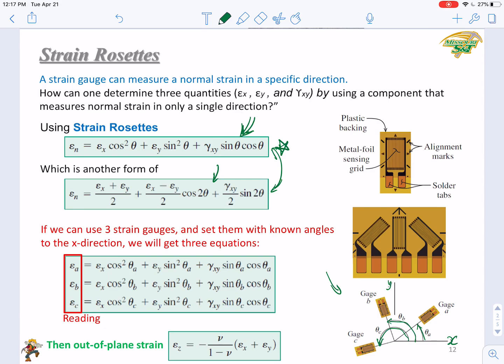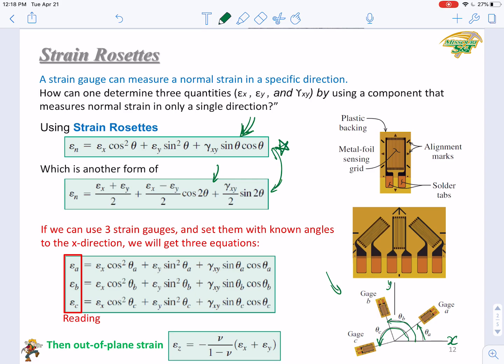Okay, you just correlate epsilon x, epsilon y, and gamma xy to the three readings, epsilon A, epsilon B, and epsilon C, with this equation. Okay, you will get three equations as shown here. In these three equations, epsilon x, epsilon y, and gamma xy, these three quantities, are unknowns.